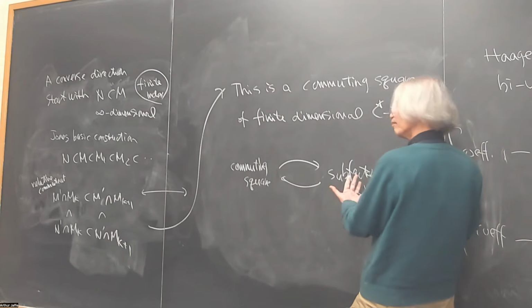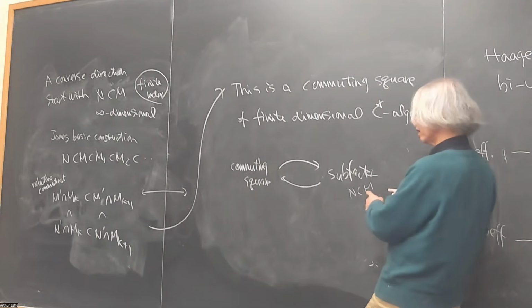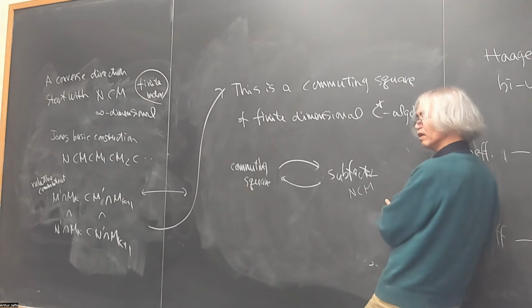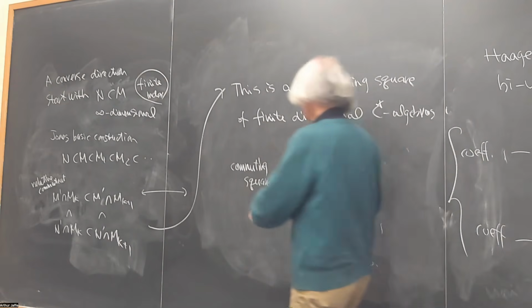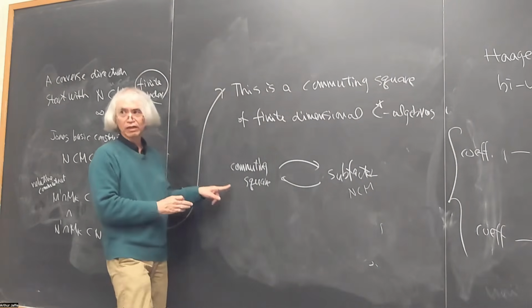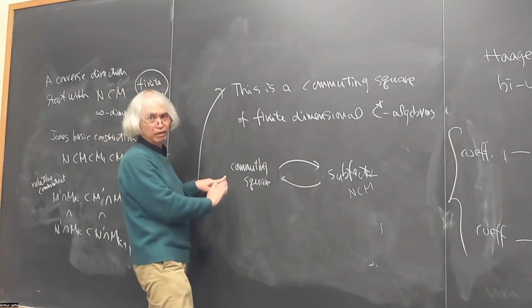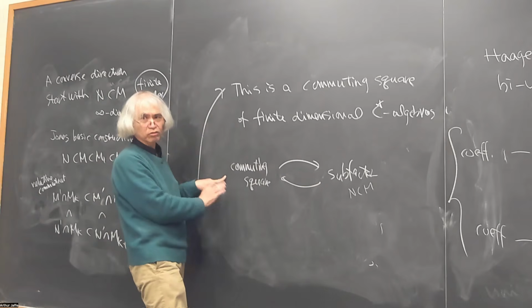Then under some very nice condition, we get back this one. So in that sense, they really correspond to each other. But the converse is not true. We start with the commuting square, go to the subfactor and come back, and typically this is not the original.